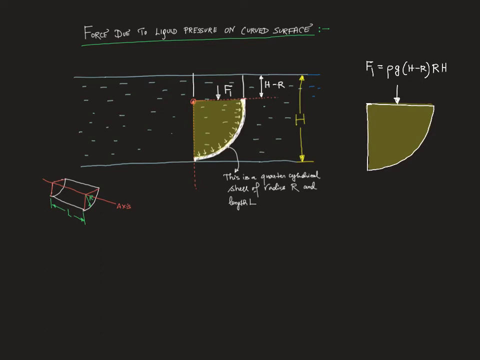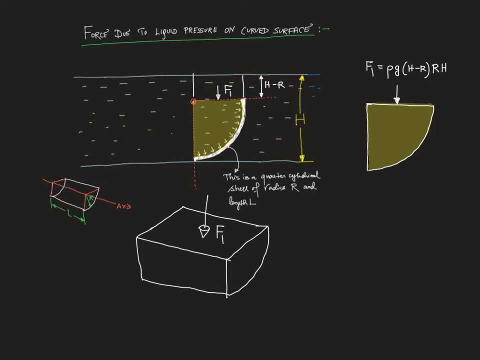Right? So again, if I draw the 3D figure here, the force on the top surface is F1 and the force on this surface is F2, that is the vertical surface.